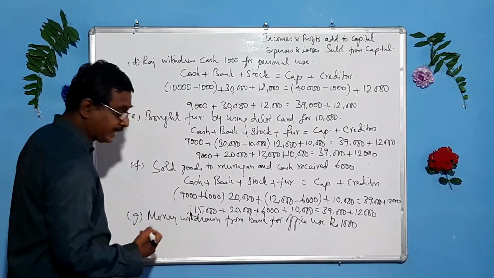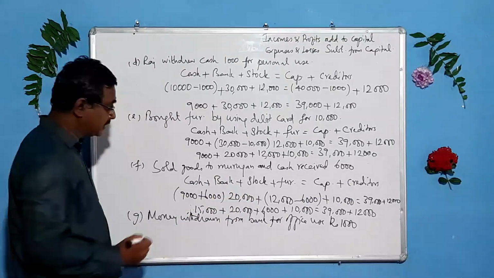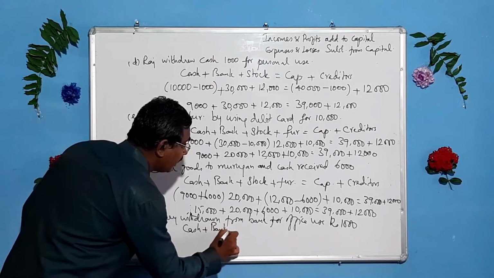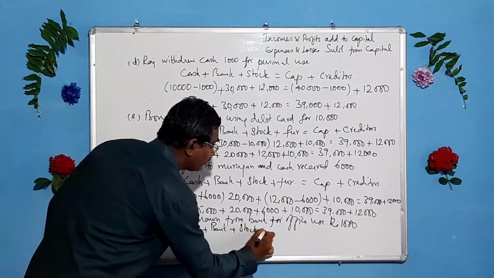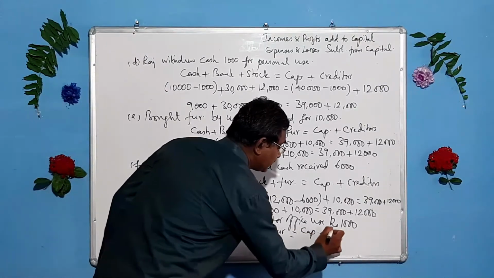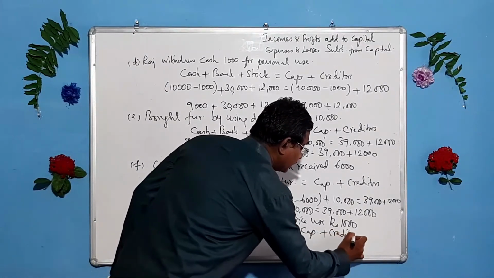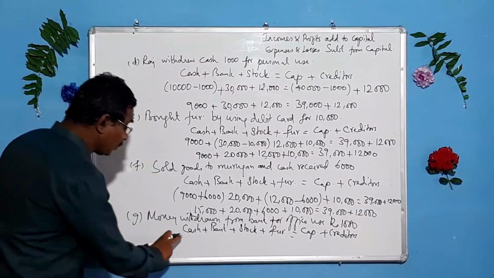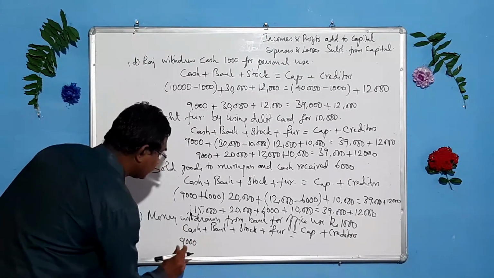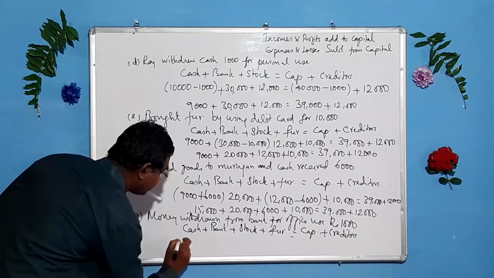Here, what are the items that come? There will not be a change in the items. Cash plus bank plus stock plus furniture is equal to capital plus creditors. We have withdrawn 1,000 rupees. So cash will increase from 15,000.